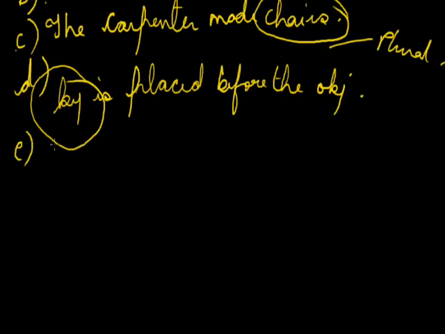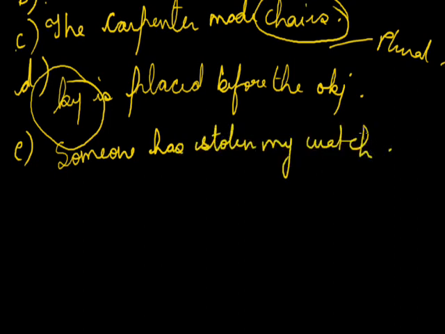Next point: the unknown, unimportant or obvious subjects of active voice do not take "by" in passive voice. For example, if I write, "Someone has stolen my watch." Here the subject, we know that someone has stolen the watch, but who, we don't know.